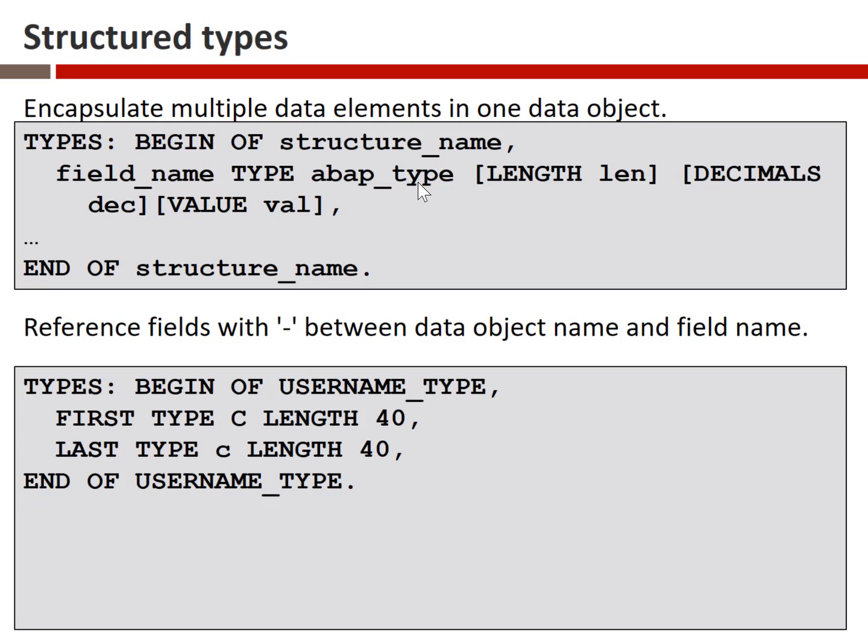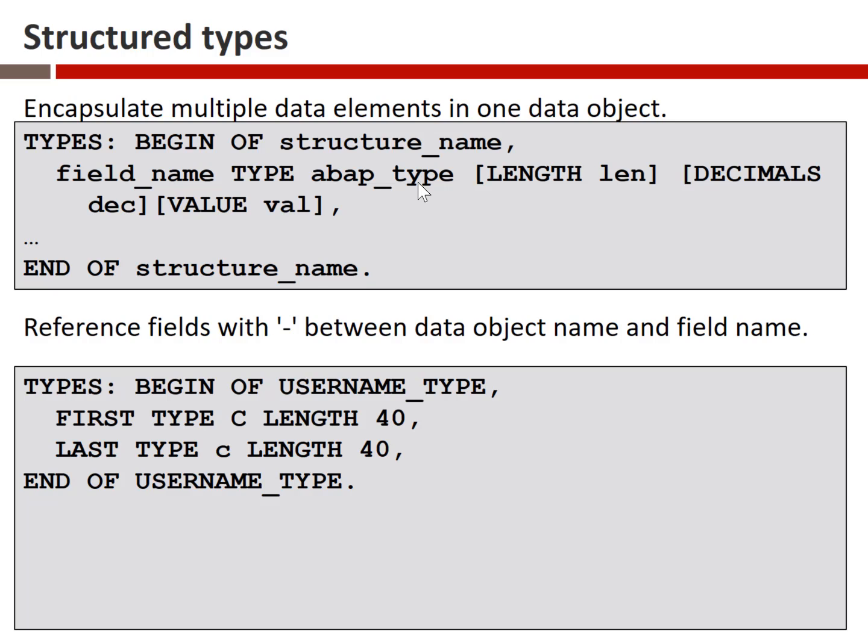So my username type is going to have a field in it named first that's going to be type C length 40. And it's going to have a field called last, type C length 40. End of username type. Now, I could have added a salutation field or a title field like Mr., Ms., Mrs., Doctor. I could have had a middle initial field. I could have added a suffix field for things like junior, senior, the third, and so on.